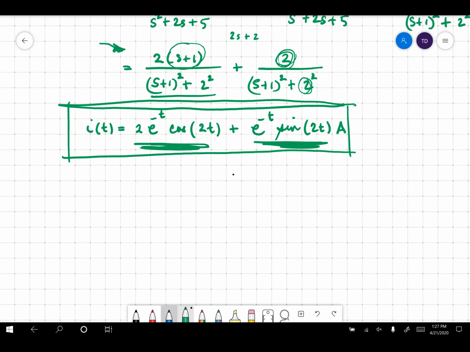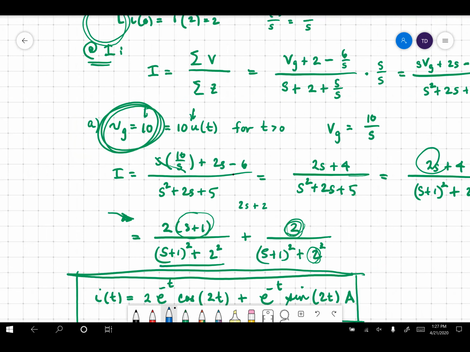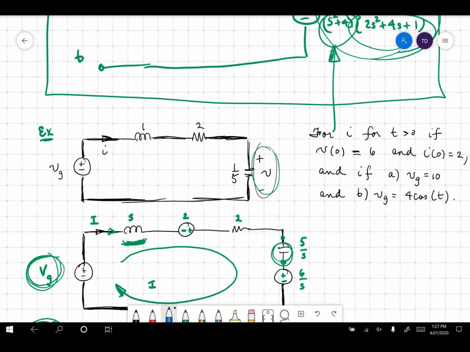Let's go to B. Part B, we had VG equal to, and I know it was a cosine, I believe. Let's scroll back here. Okay, 4 cosine of t.